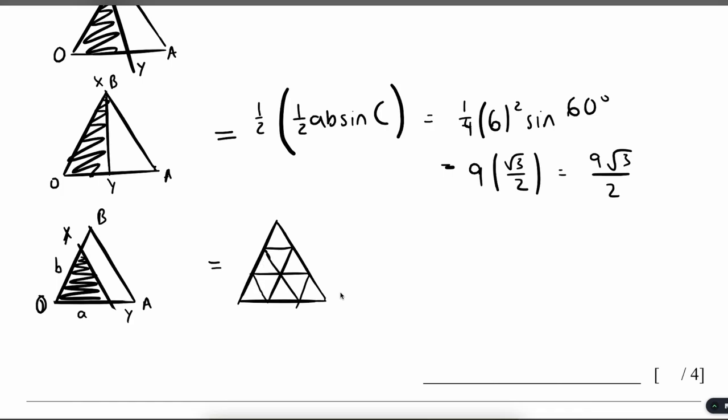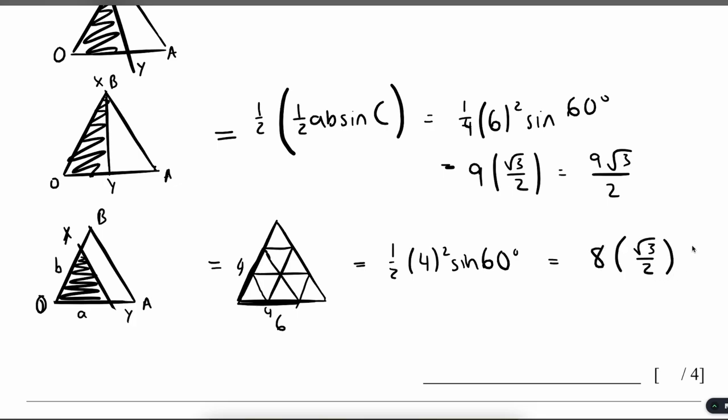So if this whole length here is 6, then these two is going to be 4. Same with this side, these two is going to be 4. So we're really dealing with half AB, which is 4 squared, sine 60 degrees, which is 8 sine 60 degrees, which is 8 root 3 over 2, which is 4 root 3.